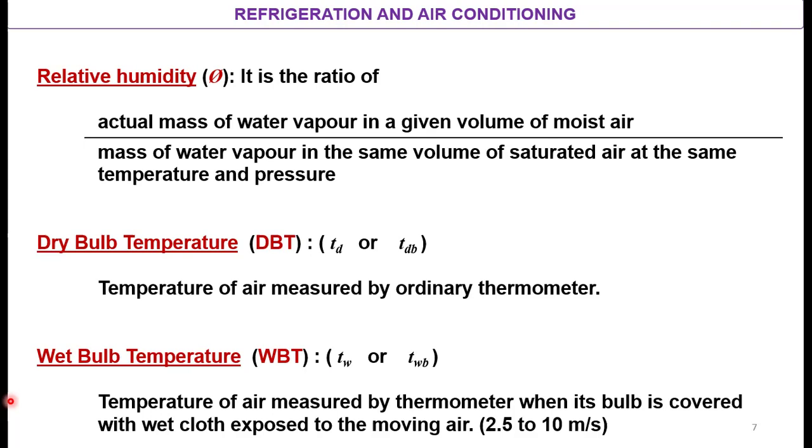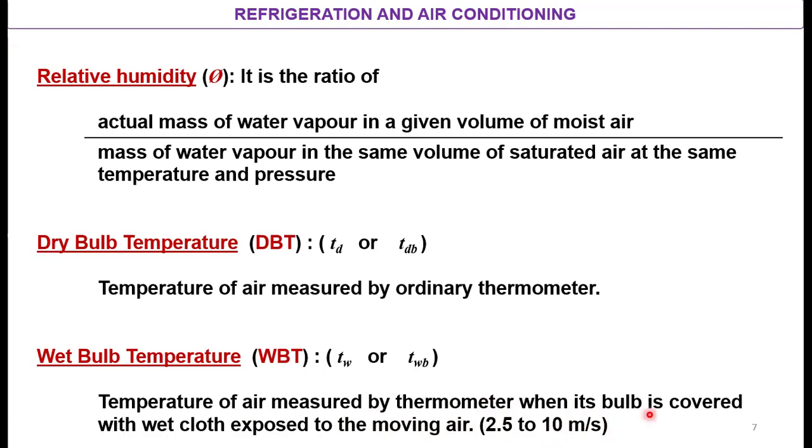Wet bulb temperature is very important to predict the relative humidity of the air. It is the temperature of the air measured by the thermometer when its bulb is covered with a wet cloth, and this wet cloth is exposed to the surrounding atmospheric air, whose velocity is typically in the range of 2.5 meters per second to 10 meters per second.